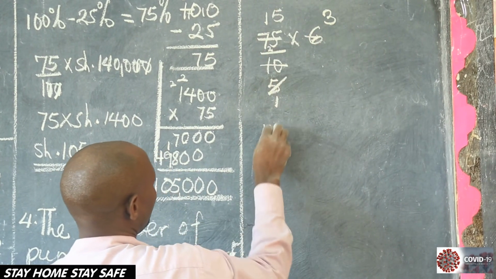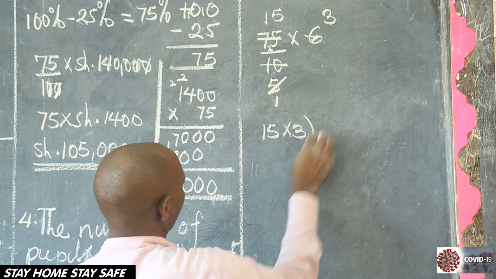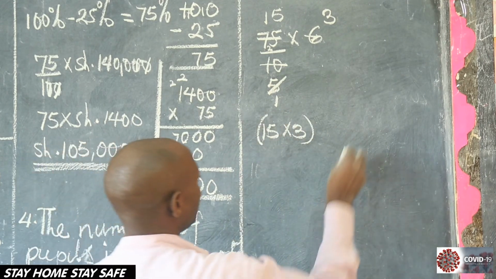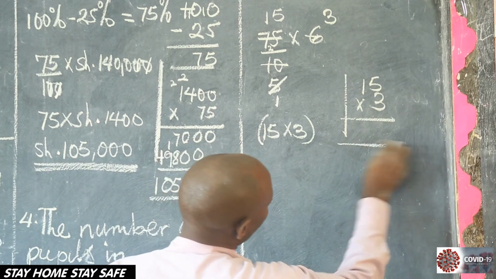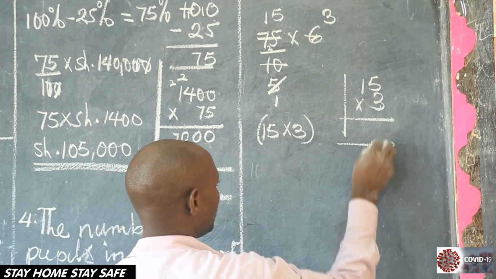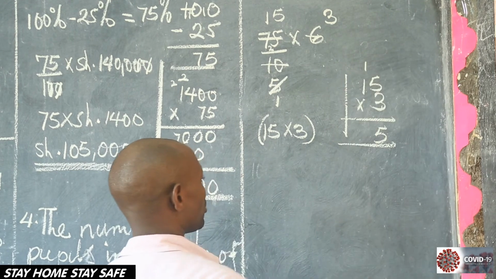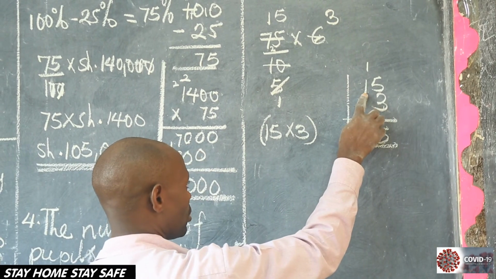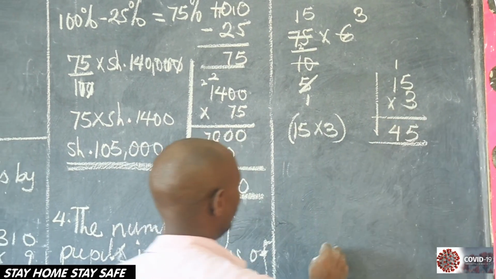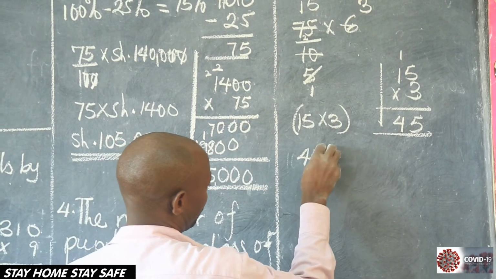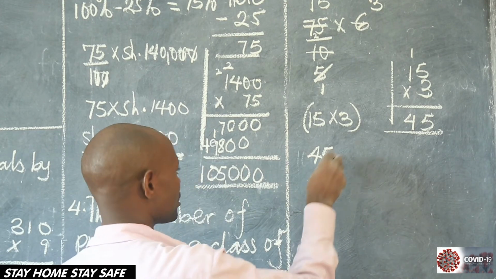Then we shall have 15 times 3. Let's multiply very fast. 3 times 5, 15. We regroup with 1. 3 times 1, we get 3. Then plus 1, we get a 4. So we shall get 45. And what are these? Pupils.